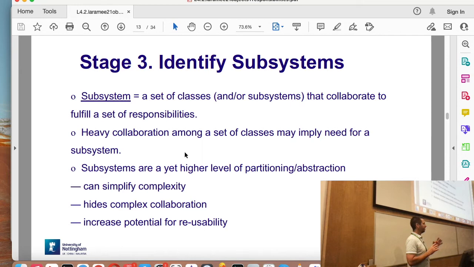It's just a set of related classes that fulfill a set of related responsibilities. You won't be asked to create subsystems in the coursework, but you'll be asked to create packages, which is pretty much the same thing. It's not exactly the same, but very close.